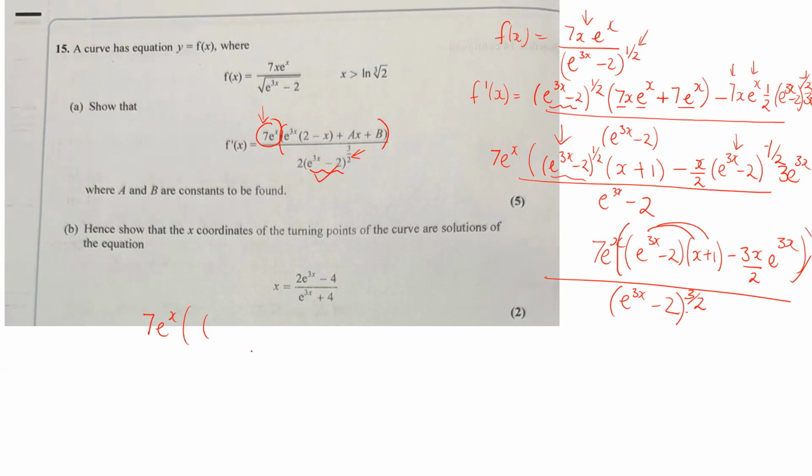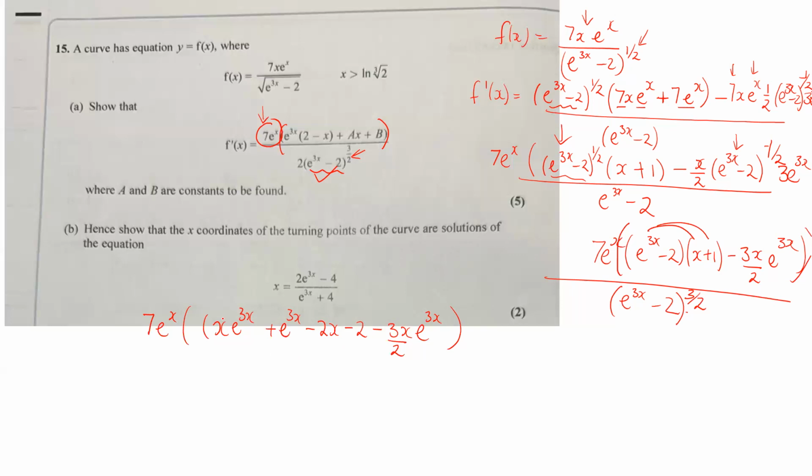So it's going to be x e to the 3x plus e to the 3x minus 2x minus 2, and then I'll have a minus 3x over 2 e to the 3x. So that's just that multiplied out those two brackets.